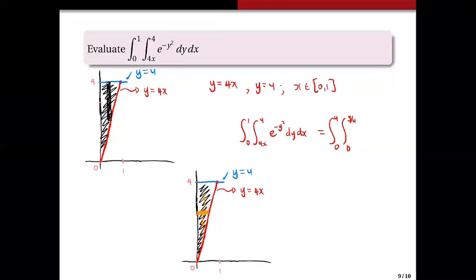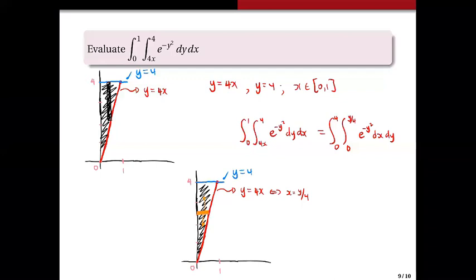For the x, it will be x equals 0 until this line, y equals 4x, but you need to write it as x equals y over 4. Same integrand, e to the negative y squared, and the order becomes dx dy.